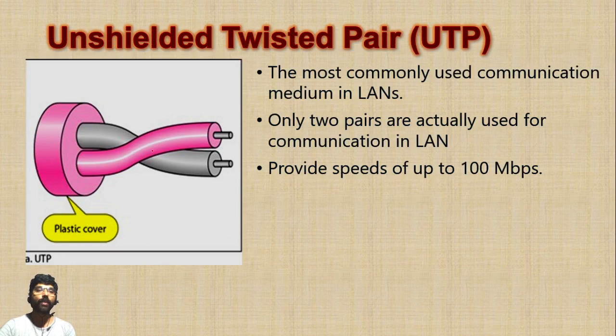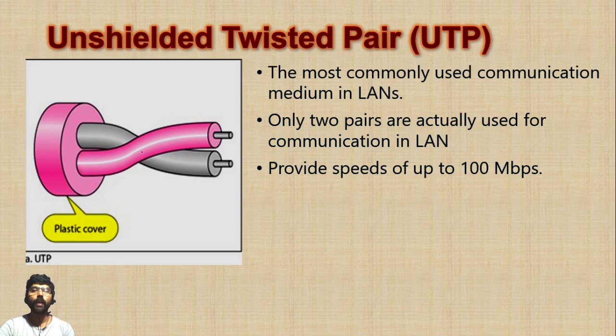The next one is called unshielded twisted pair. In unshielded twisted pair, there is no foil between the spiral cables. There are only two wires spirally twisted. This is the most commonly used medium in networks.